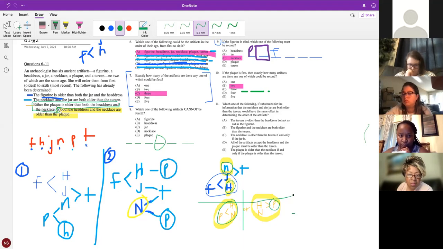I think I would go probably through the different worlds and start with figurine. Cannot be fourth. So I would see that can't be fourth because so many other letters have to go. So what I do on these is I would start with the extremes of the ends, like testing either F or T, because in my head those are the most extreme answer choices.